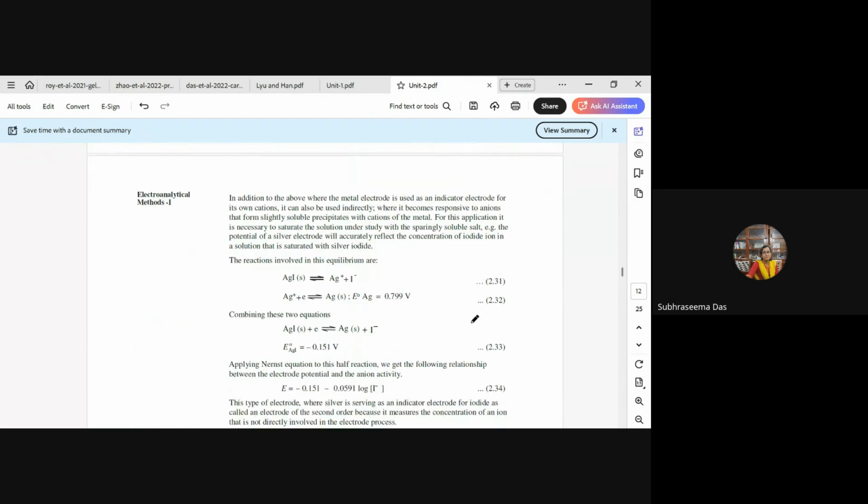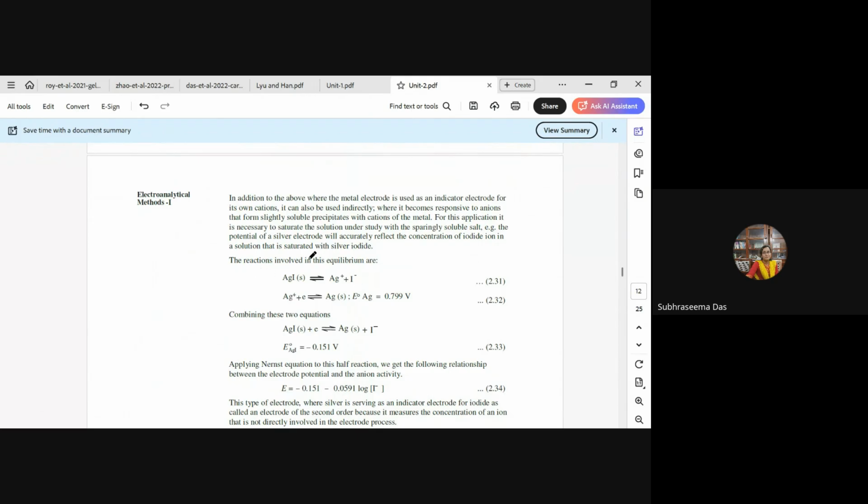In addition to the above, where a metal electrode is used as an indicator electrode for its own cations, it can also be used indirectly. For this application, it is necessary to saturate the solution under study with a sparingly soluble salt. For example, we can use a silver electrode dipped in a solution with silver iodide.